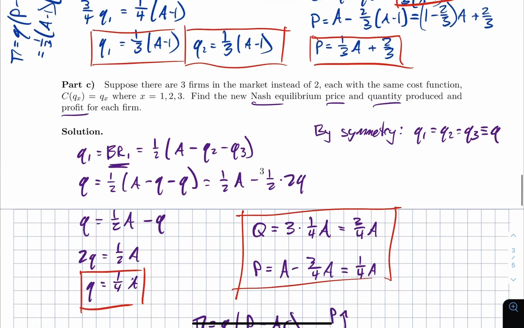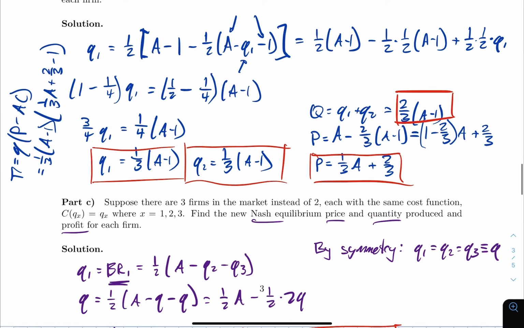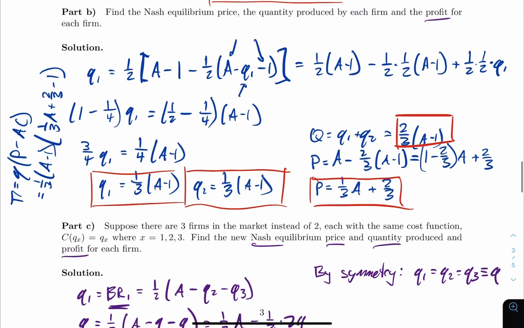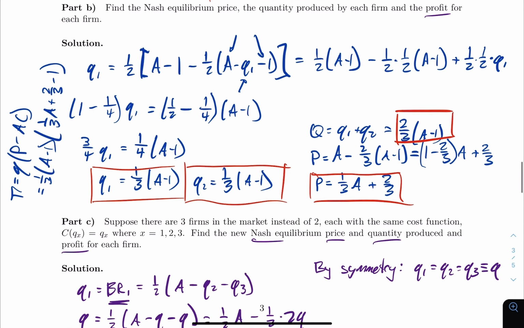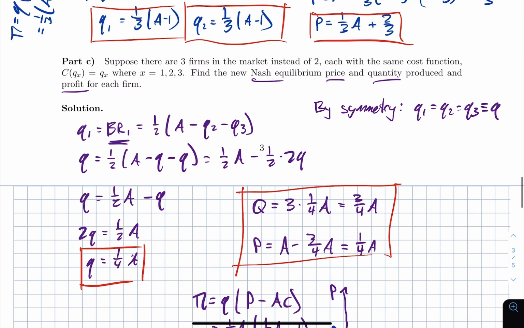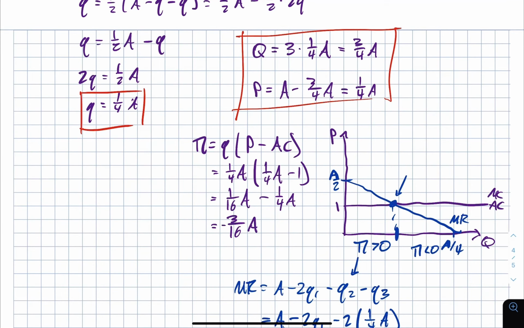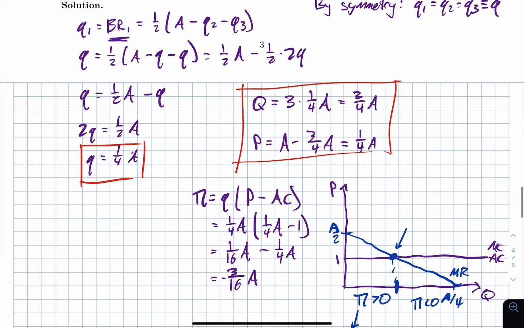So it looks like something happened between part B and D where profit became negative. And there are two possibilities. One is we messed up with the solutions, our actual solving for the quantities.